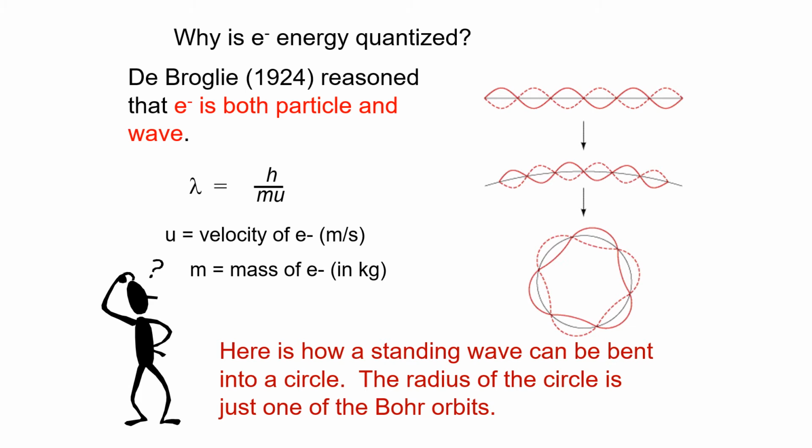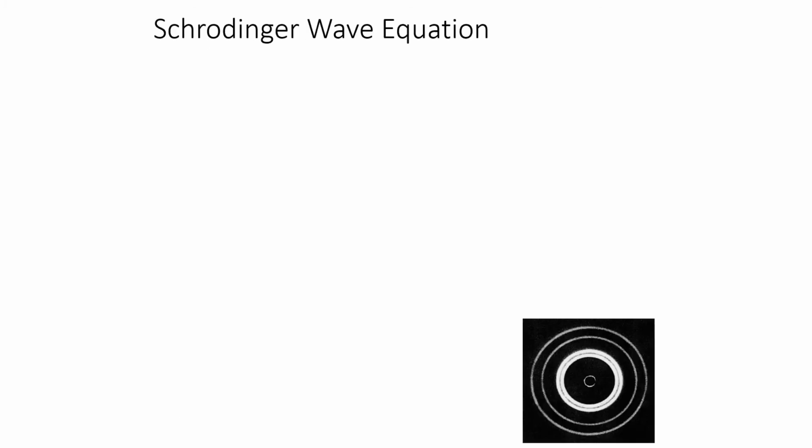So we are going to use de Broglie's equation, but I just wanted to familiarize you with how that electron can exhibit both particle and wave properties.